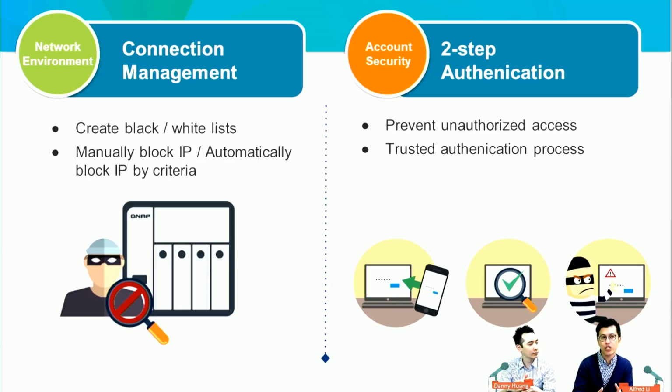In this situation, you can have a blacklist to block this IP from trying your NAS. This is about connection management. And we also have two-step authentication. If you are using a mobile phone, you can install something like Google Authenticator, and it will generate a 6-digit password so that your access to QTS Lite is more secure.